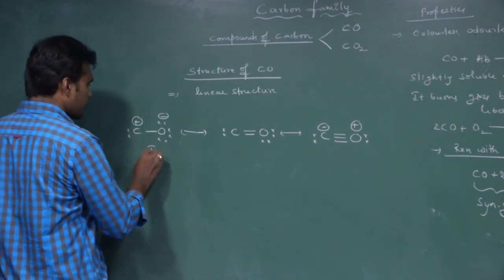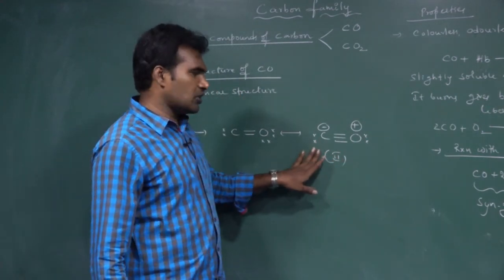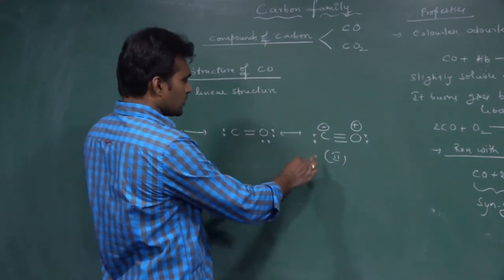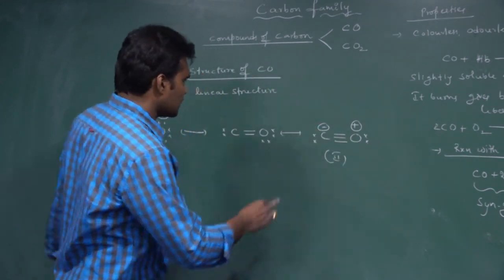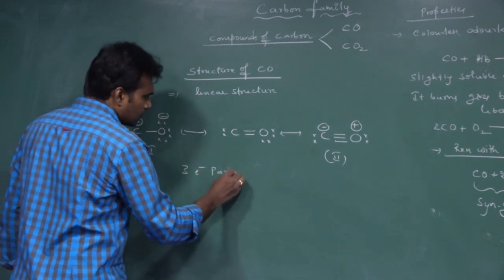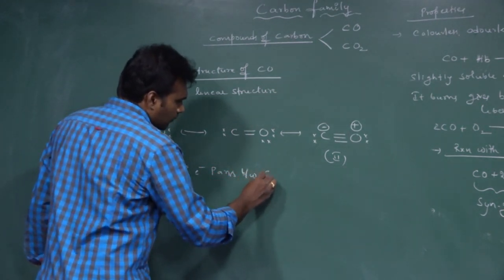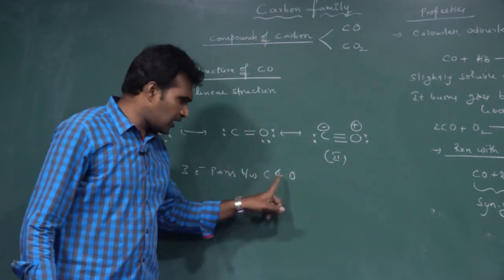These are the two resonating structures, and this is the more stable one. In this resonating structure, how many electron pairs are shared between carbon and oxygen? In total, 3 electron pairs between carbon and oxygen.